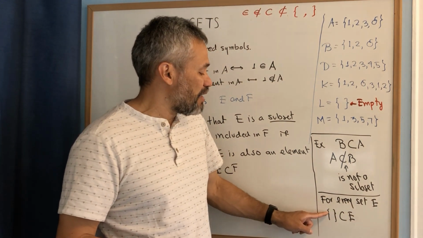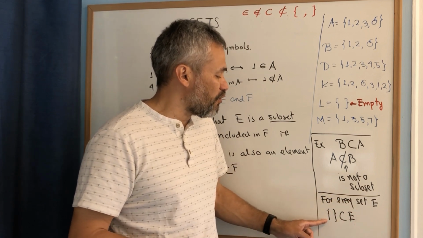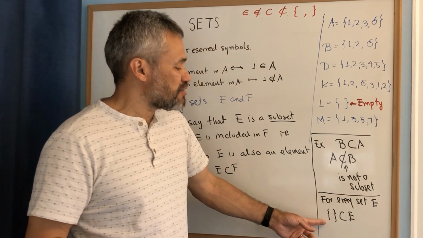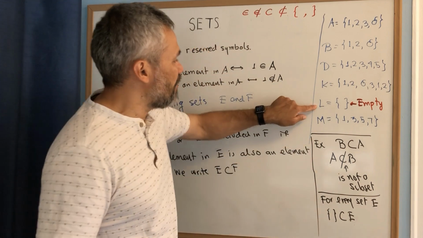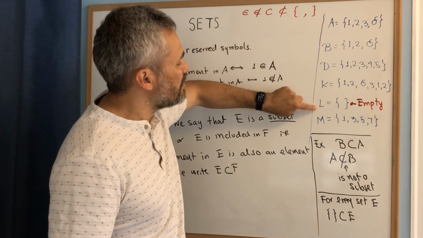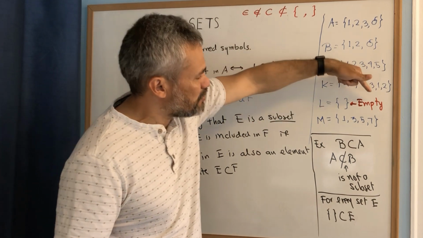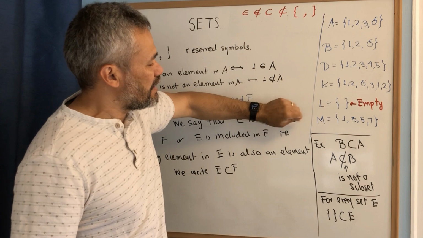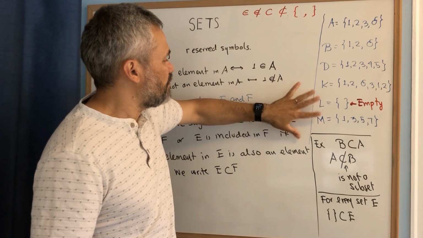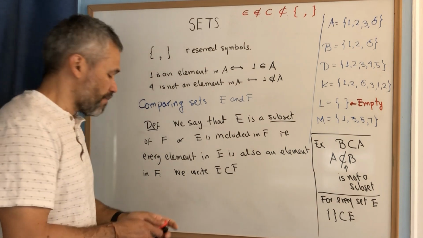But there are no elements there. That means it's impossible for me to show that this is false, and for that reason it's always true. Then I can say that the empty set is a subset of A, of B, of D, of the empty set, and in general the empty set is a subset of any set.